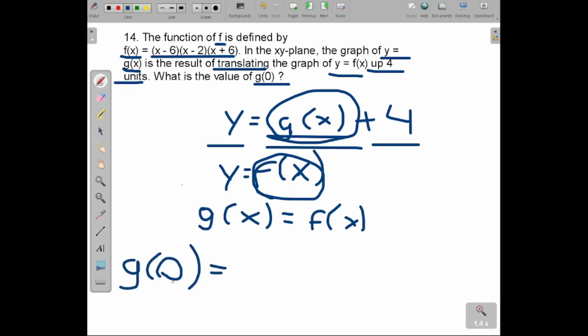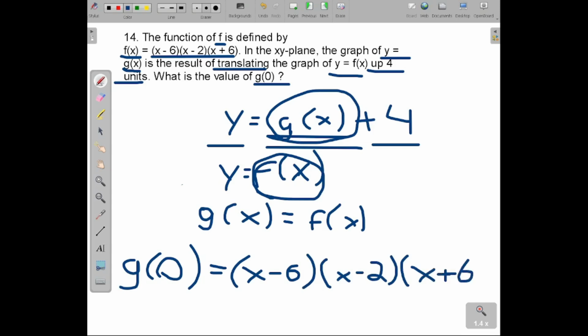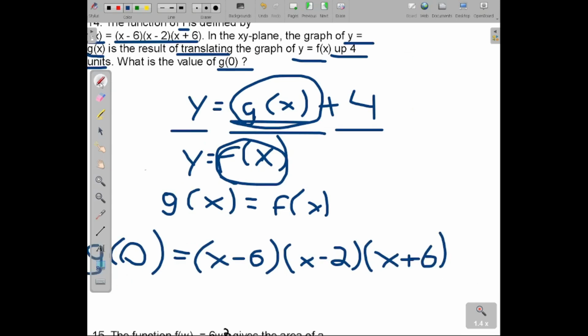So the function g of x when x is equal to 0 is equal to x minus 6, x minus 2 times x plus 6 plus 4.